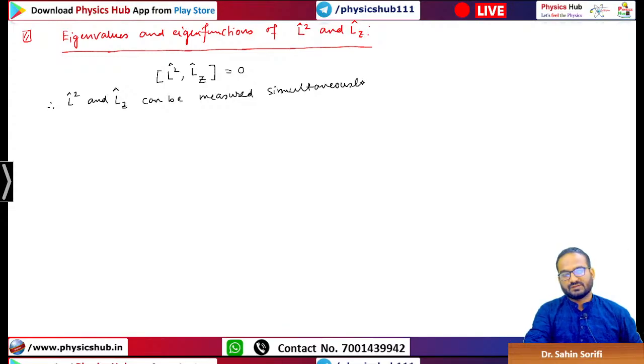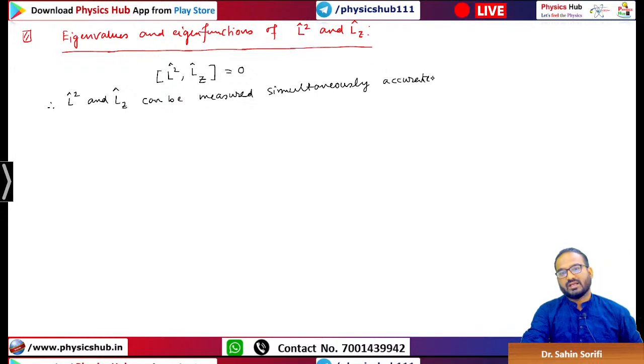Look, we have got this commutation bracket of L square with Lx, or particularly Lz. This is 0, so they commute. So you can say L square and Lz can be measured simultaneously. This is one thing.